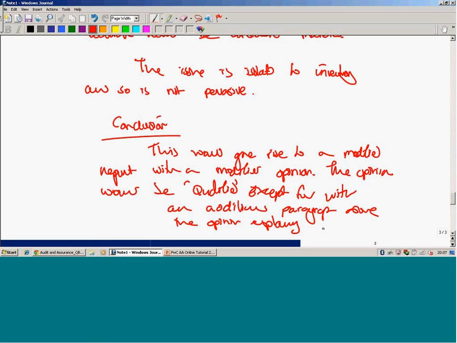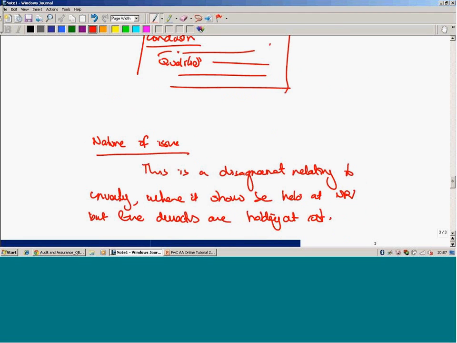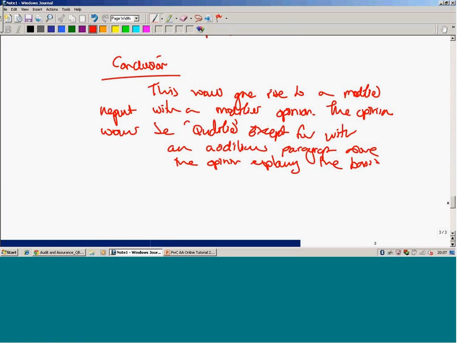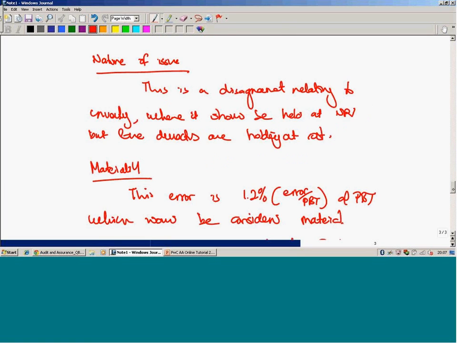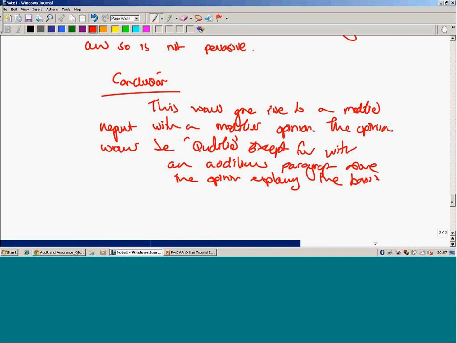I think you are expected to write about that amount, Fatima, not a huge amount. Be really succinct and just say the error is material, it's not pervasive.